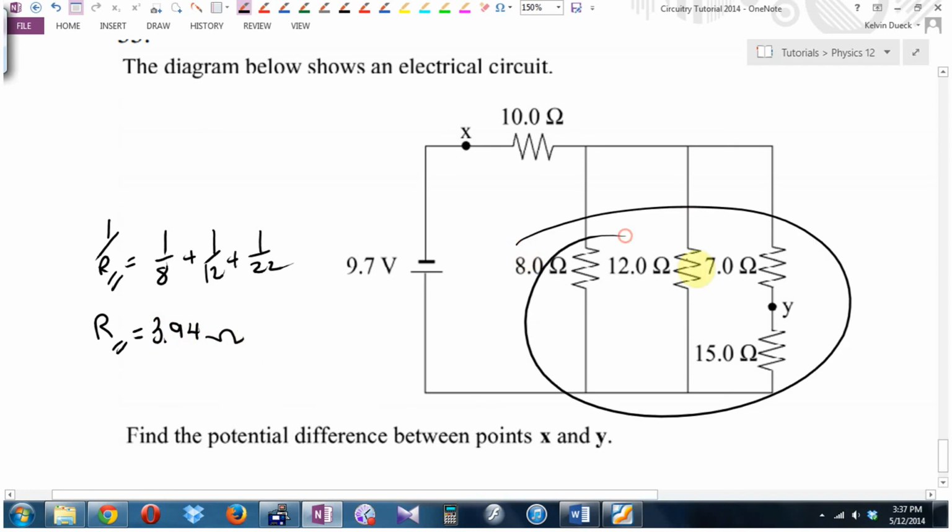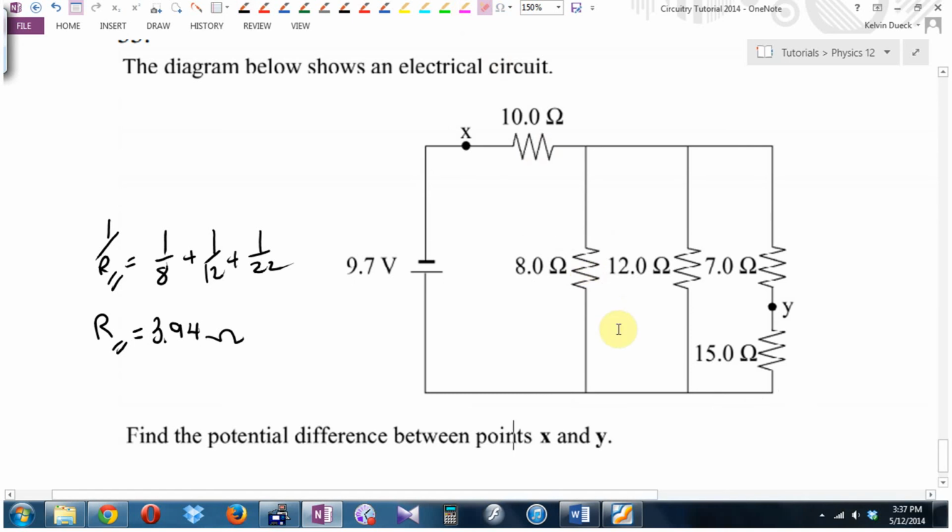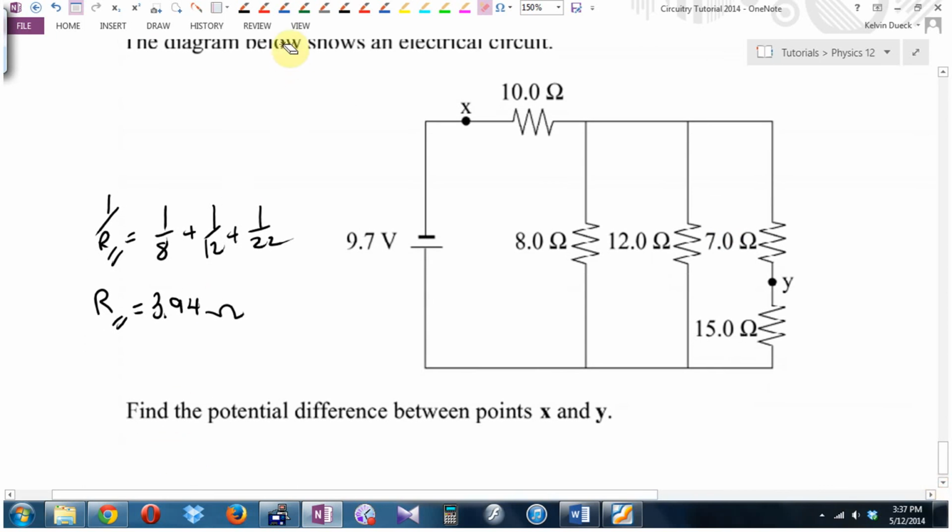So this whole mess is a single 3.94, and then I just have that 10 up there. So I can say R total is 13.94.